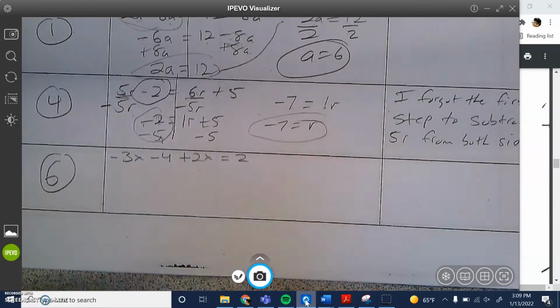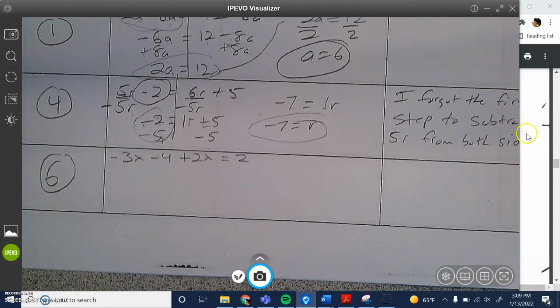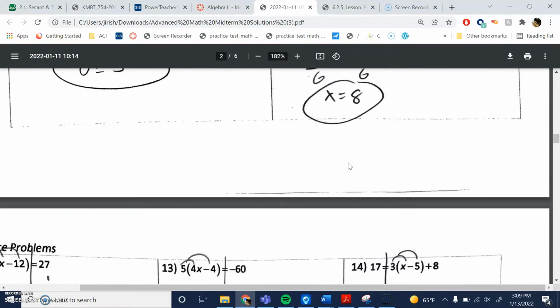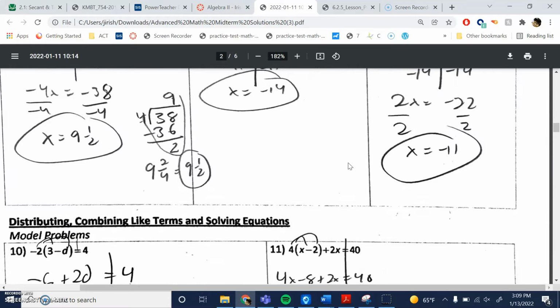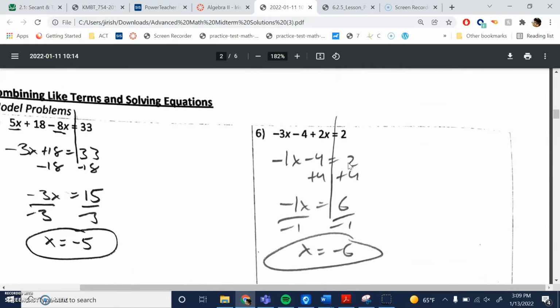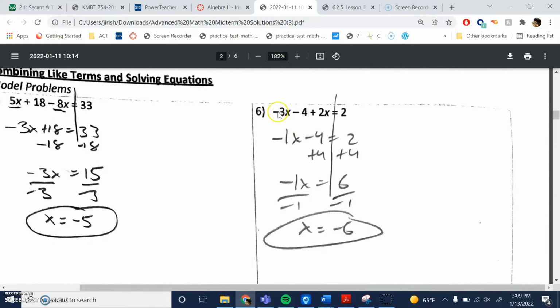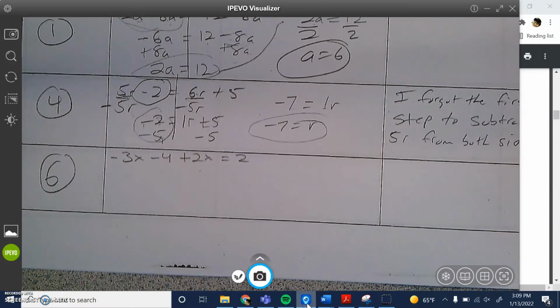Okay, one more. This one was actually up here, number 6. A lot of mistakes on this one. Negative 3x minus 4 plus 2x equals 2. Let's write it in.